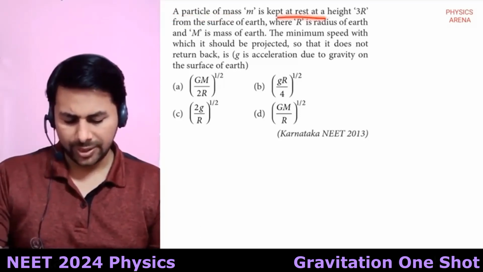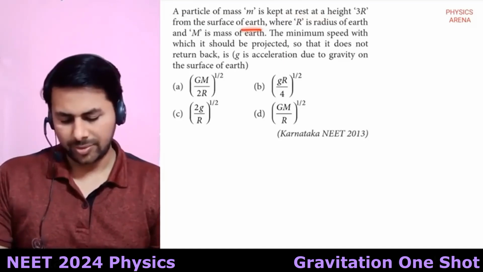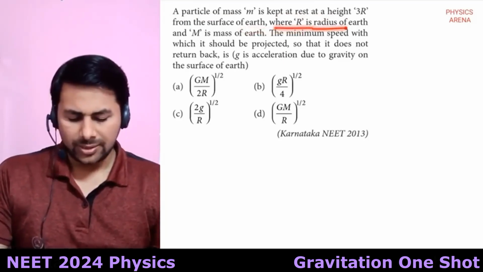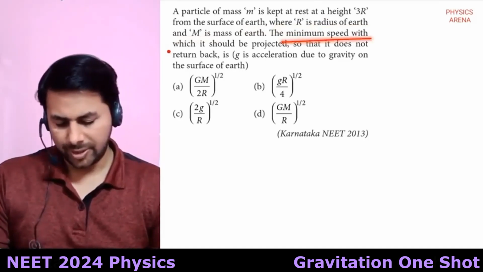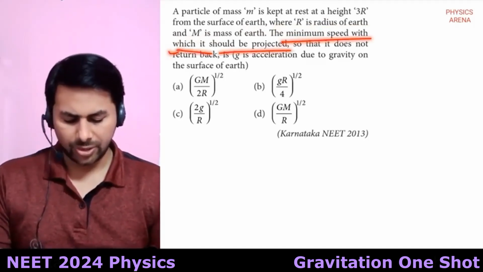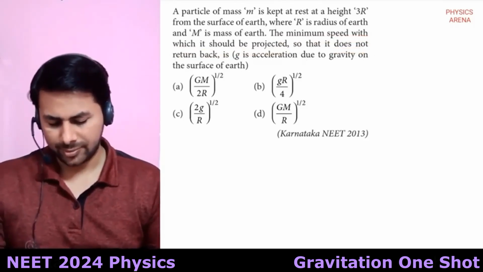A particle of mass m is kept at rest at height 3r from the surface of Earth, where r is the radius of Earth and m is the mass of Earth. The minimum speed with which it should be projected so that it does not return back.